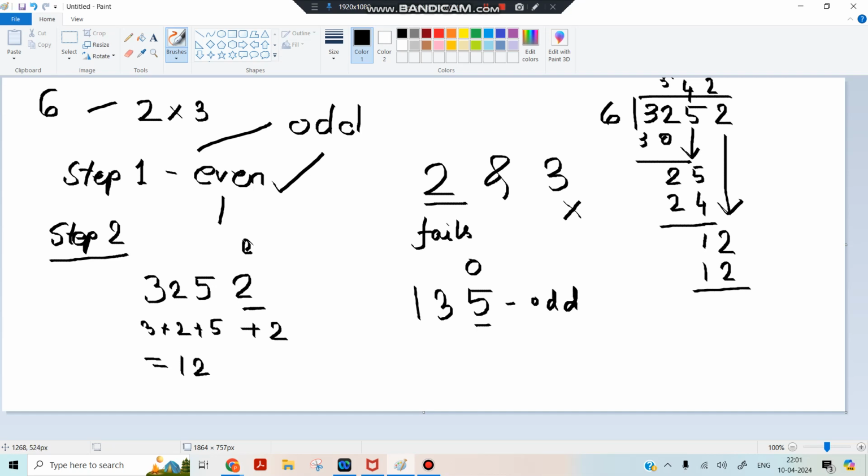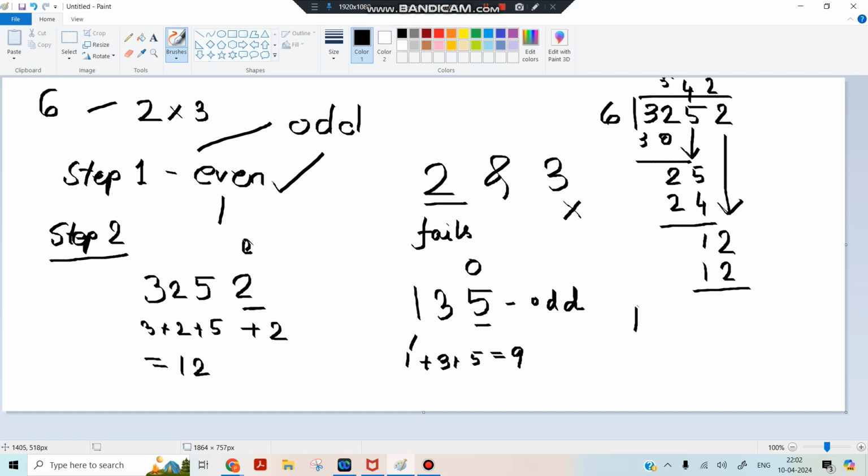So it has failed the divisibility test of 2. So we don't even need to check the divisibility test of 3. But even if you check 1 plus 3 plus 5, it will give you 9. Fair enough, it has passed the divisibility test of 3. But see, it has failed the divisibility test of 2.